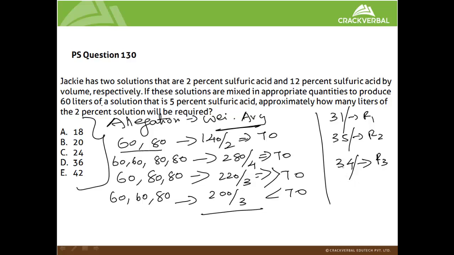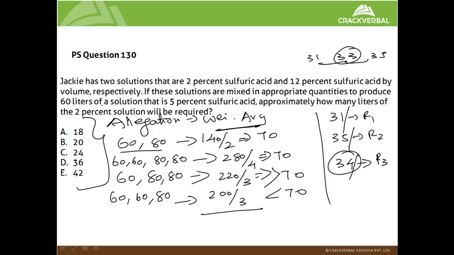In that case, exactly between 31 and 35, the value is 33. 32, 33, 34, 35. So 31 and 33 distance is 2, and 33 and 35 is also 2. But we want a new value which is 34.